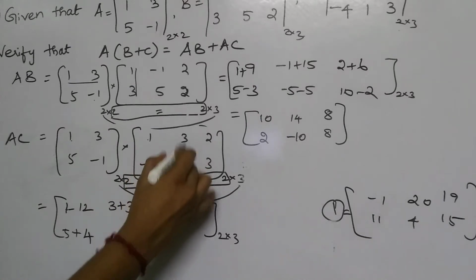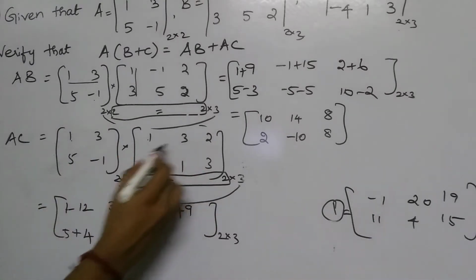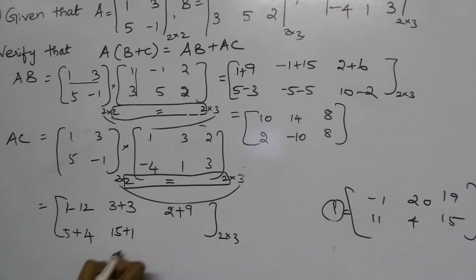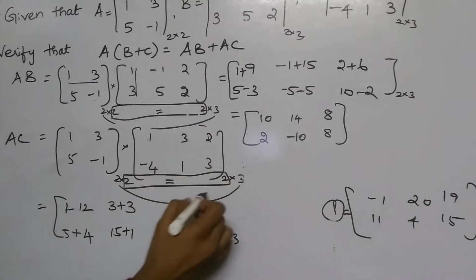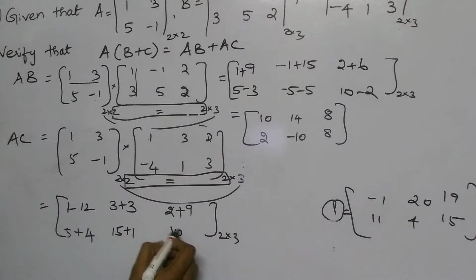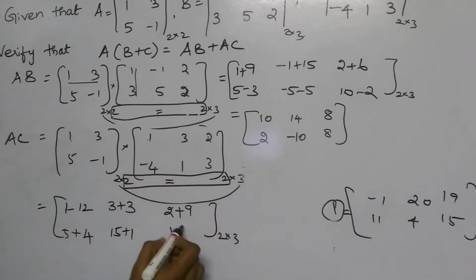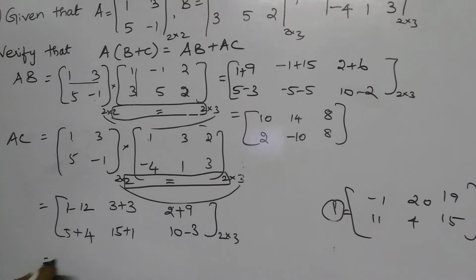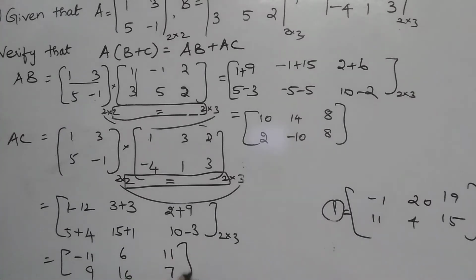Second row, second column. 5 and 3, 15. Minus 1 and 1, 1. Second row, third column. 5 into 2, 10. Minus 1 into 3, that is minus 3. So answer for this one is minus 11, 9, 6, 16, 11, 7.